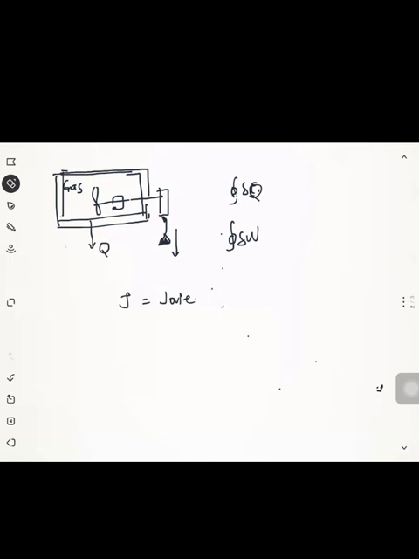And for English units, we have the BTU, British Thermal Unit. 1 BTU is equivalent to 778.17 foot pound force.